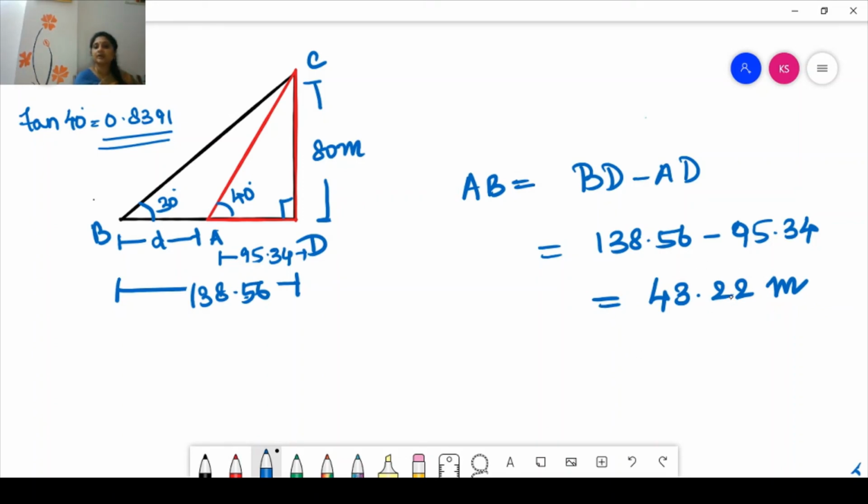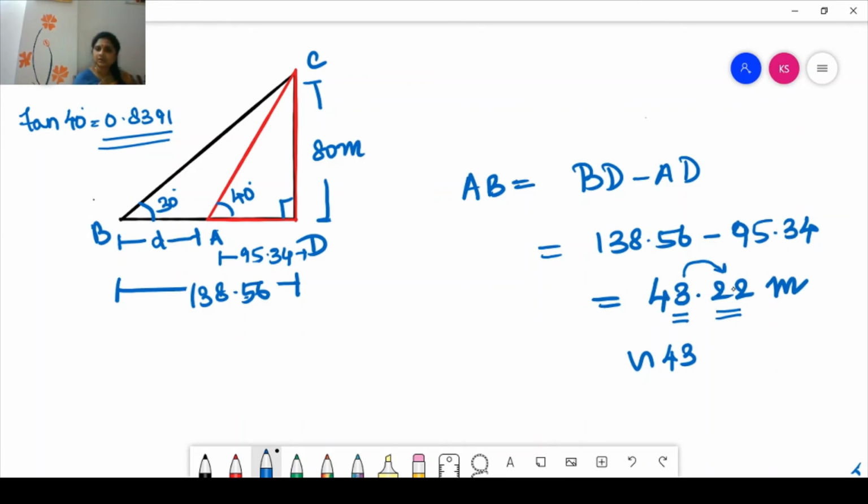Look at this. After the decimal point, the numbers are less than 5. So when I have to convert it into the whole number, I need to look into the digit that's next to it. If that particular number is less than 5, then you will approximate it to the same number, 43. If this number is greater than or equal to 5, you will approximate it to the next number, that's 44.